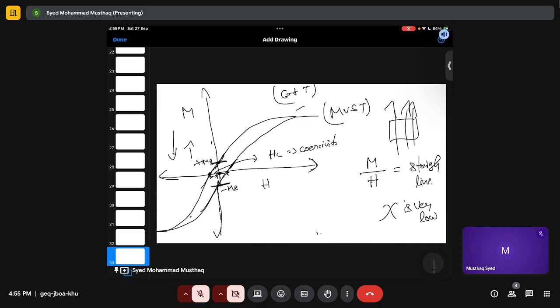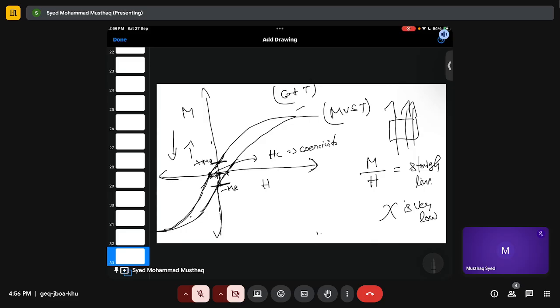Again I try to increase my magnetic field, my magnetization will increase and go to saturation. If I again remove that magnetic field, I will come to minus MR. So that is the amount of magnetic field I need to bring the magnetization to 0.